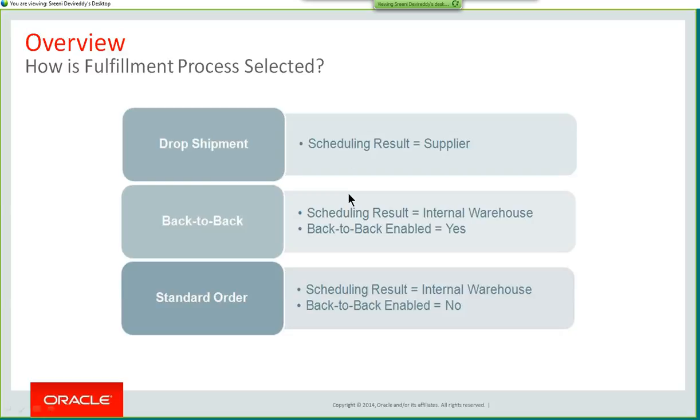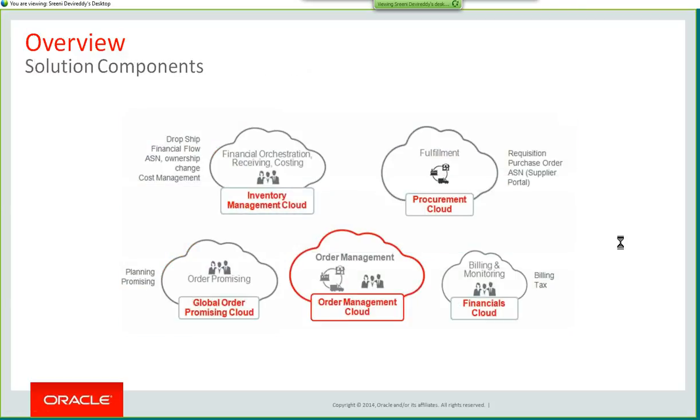And if neither of these are true, then it's going to be a simple order or a standard order. Okay, so only in case of back-to-back would you have supply chain orchestration triggered. Otherwise, either in the dropship case or in the standard order case, you will not have SCO initiated at all, as Dharam was mentioning previously as well.